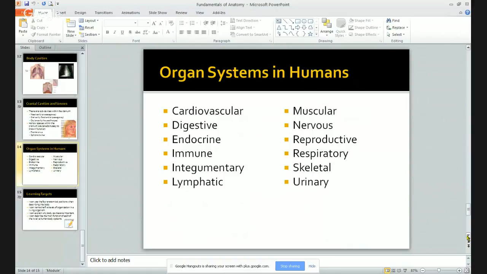So the respiratory system, that is specifically going to be your lungs. Sometimes people will put the heart in with the respiratory system, but usually we consider it just to be your lungs and the process of bringing oxygen into your body and excreting carbon dioxide. Now, this one is usually taught in conjunction with cardiovascular.